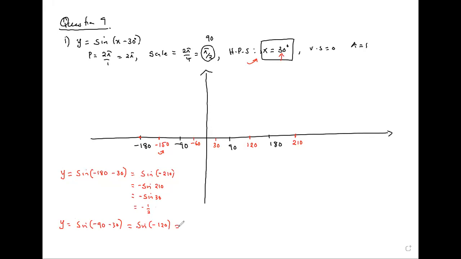It will give us the second quadrant, which is the same as sine 60. Sine 60 is root 3 over 2.